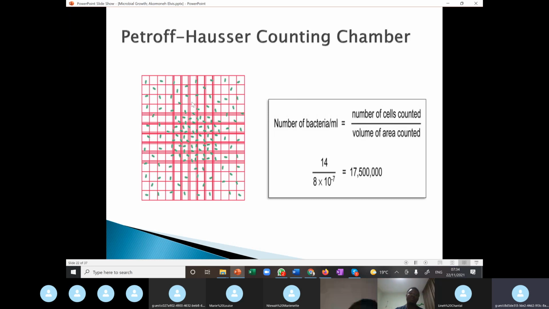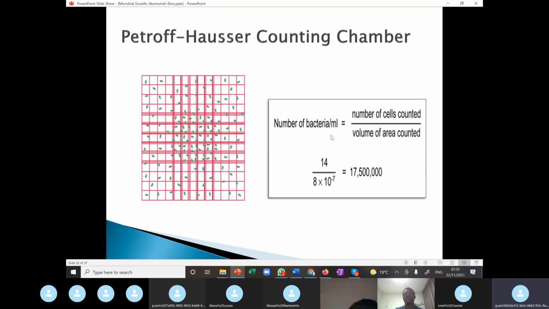You apply the sample, maybe it's a liquid sample or stool sample or contaminated water. You apply it here, and in some cases we might stain, but mostly we try to count the cells with the use of a magnifying microscope to report.